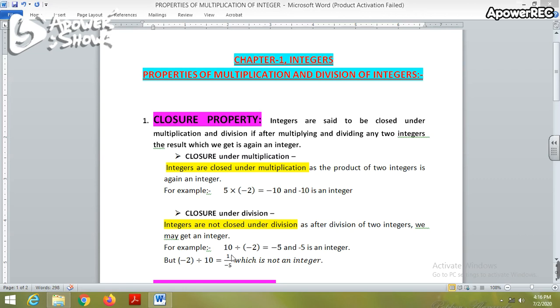Here I am taking an example in which the first integer is 10 and the second one is minus 2. Now divide 10 by minus 2. After dividing 10 by minus 2, I am getting minus 5, which is an integer.